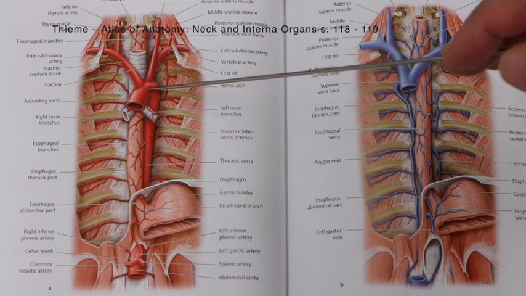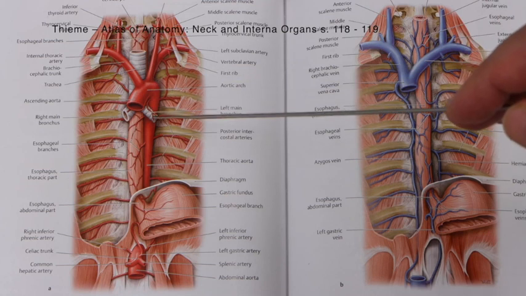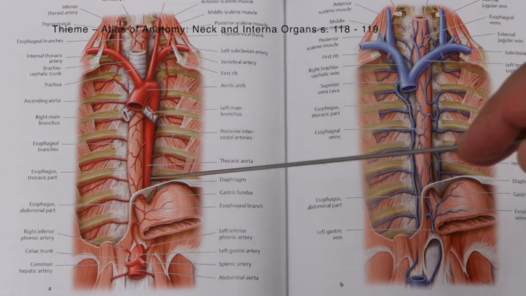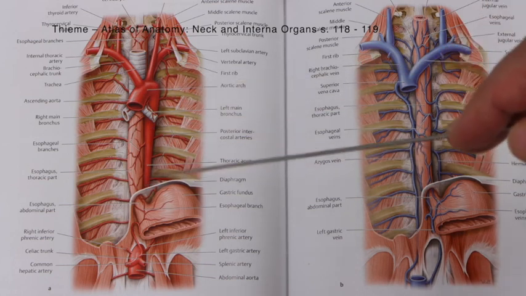Then at approximately the level of T3, the aorta starts going downward and passes through the thoracic region as the thoracic aorta.